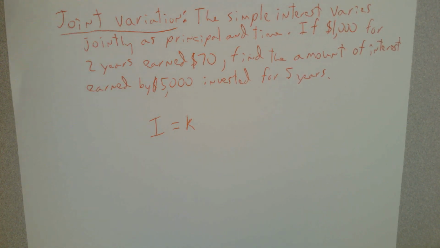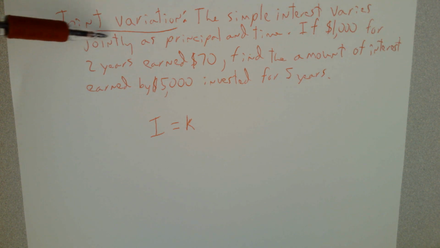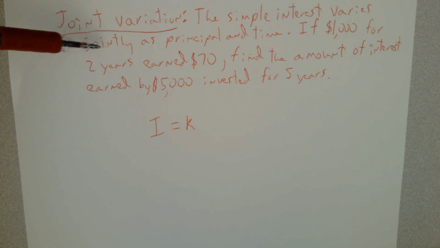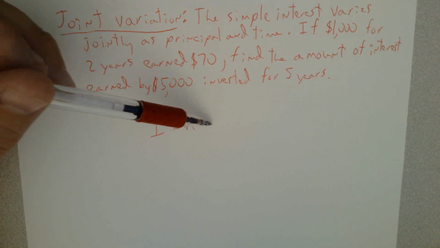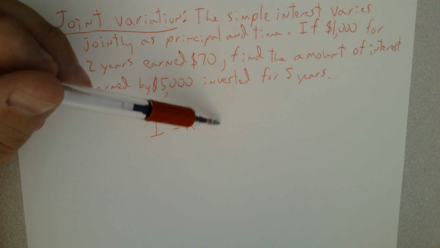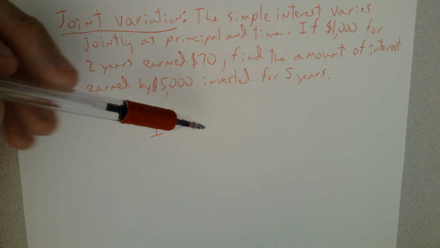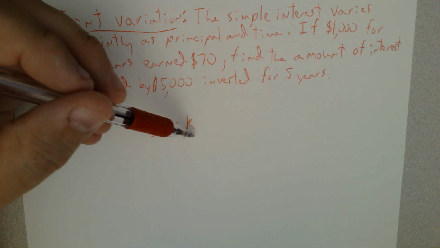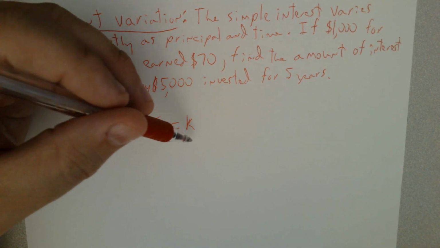So I always start with I equals K, and then it says it varies jointly. Jointly means we have multiple things that vary directly, which means in the numerator. If you ever see the term indirectly, that would be a parameter that would go in the denominator.